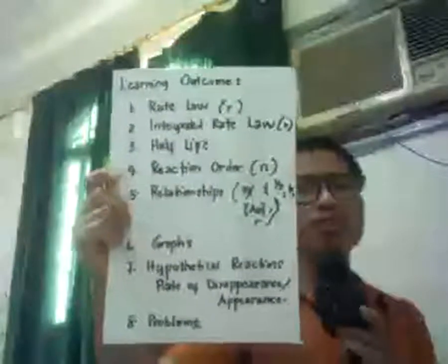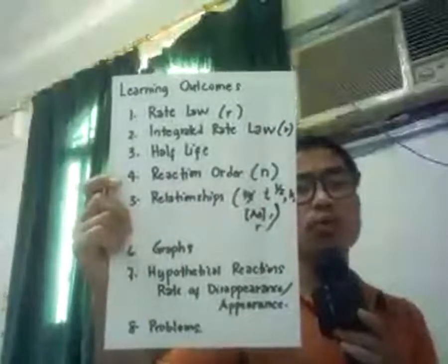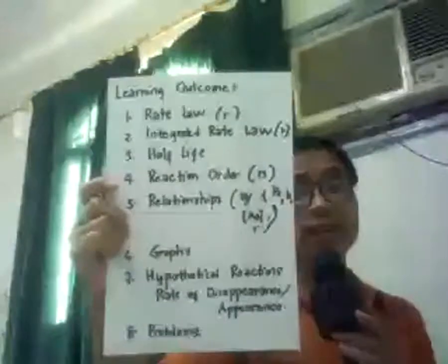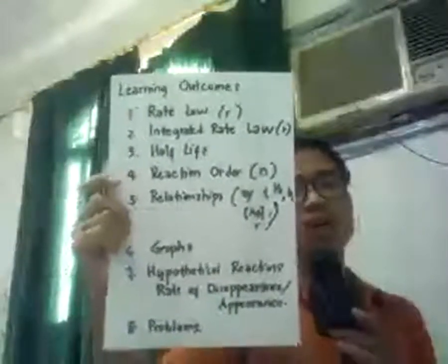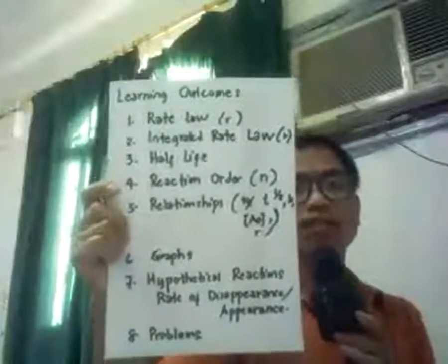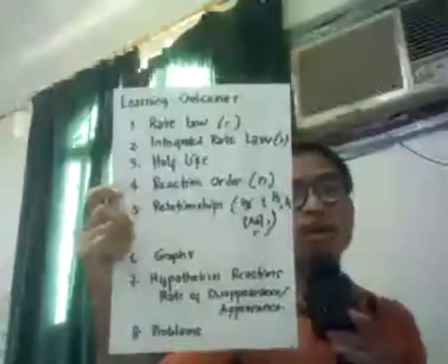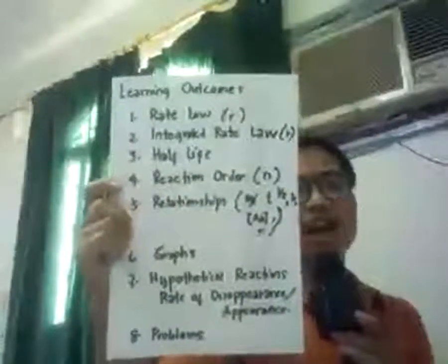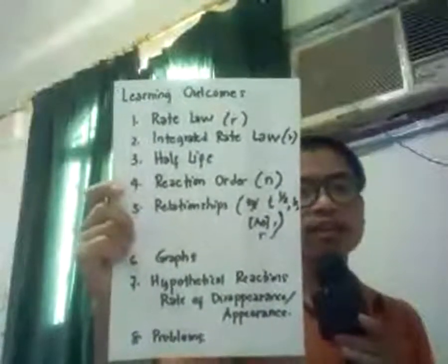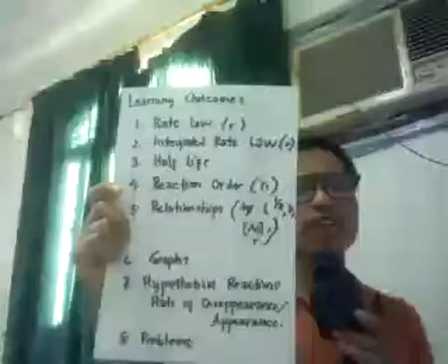For example, if I have hydrogen gas plus oxygen gas producing water, the question may be, what is the reaction order with respect to oxygen? And what is the overall reaction order? So you have to add each reaction order, oxygen and hydrogen.